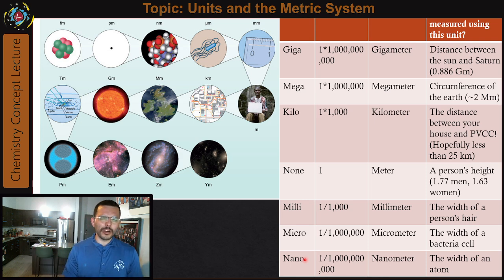We could talk about it more in class and I can give you better examples, but I want you to understand that you can put a prefix before any of the base units. So you can have a kilocandela, you can have a gigasecond, you can have a microkelvin. All of these just change the size of whatever you're describing.